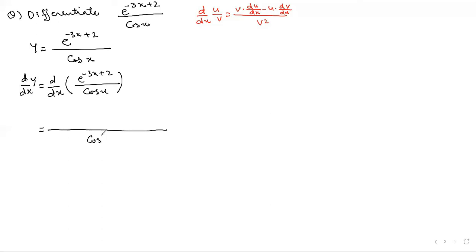We will write down cos square x in the denominator. We will write down cos of x as it is into the derivative of the function in the numerator.